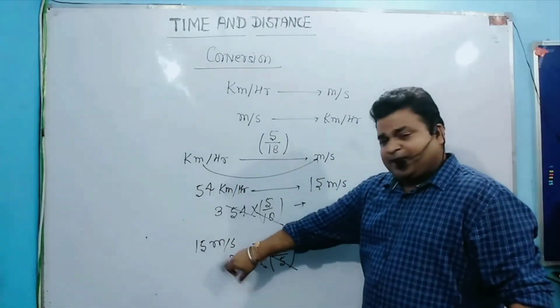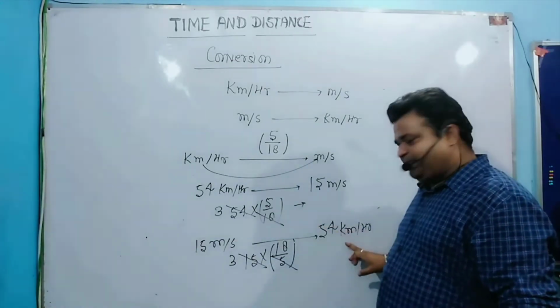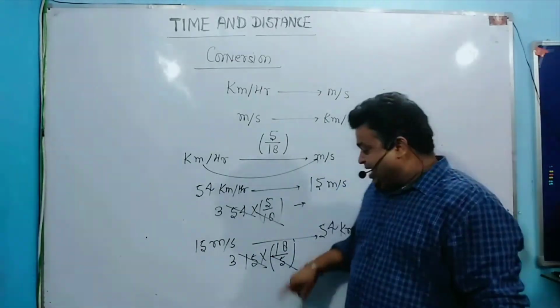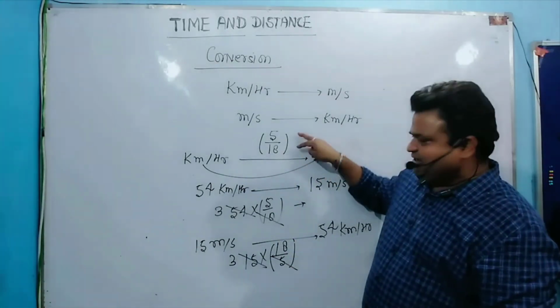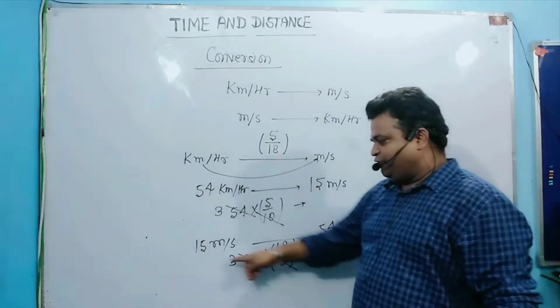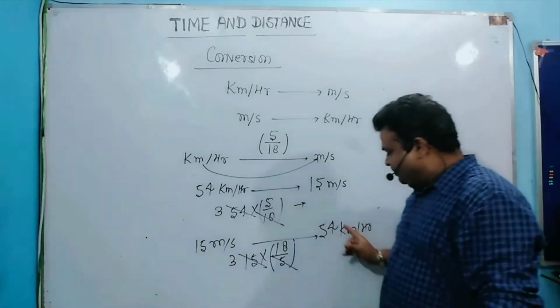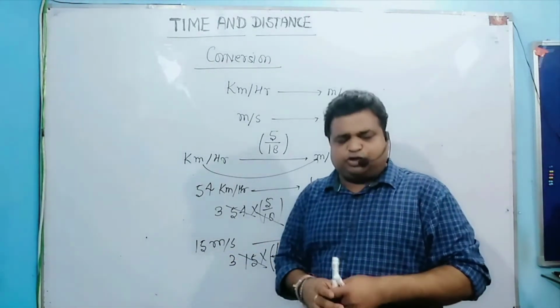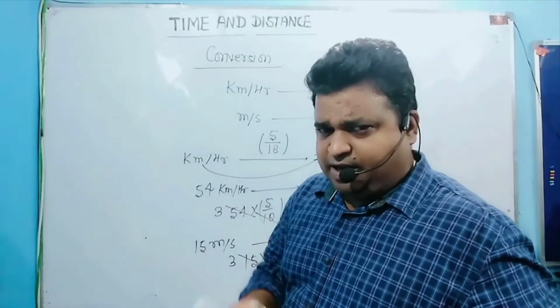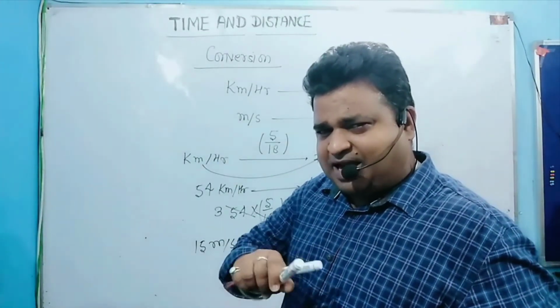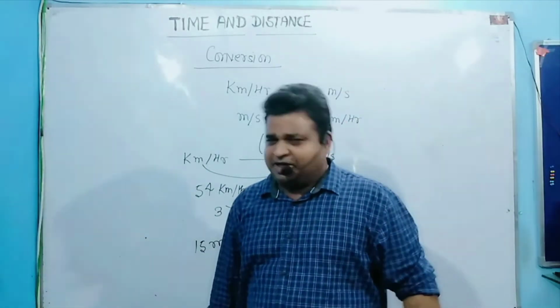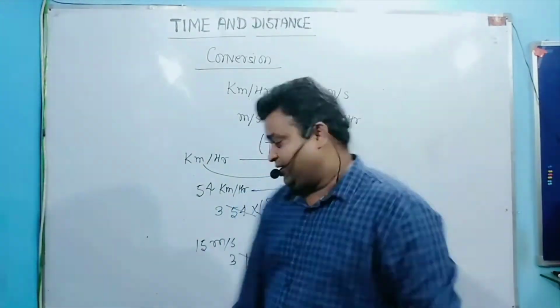If you convert meter per second into kilometer per hour, you need to multiply by 18 by 5. Just reciprocate this value.